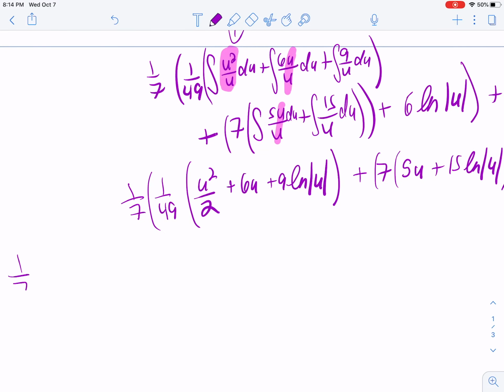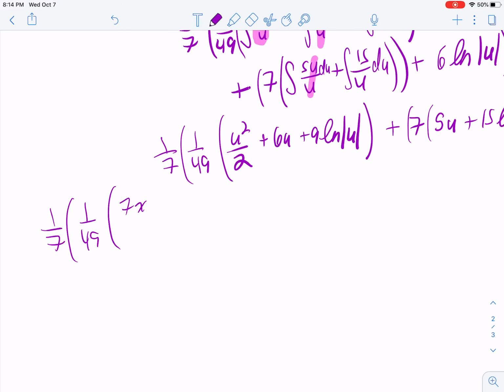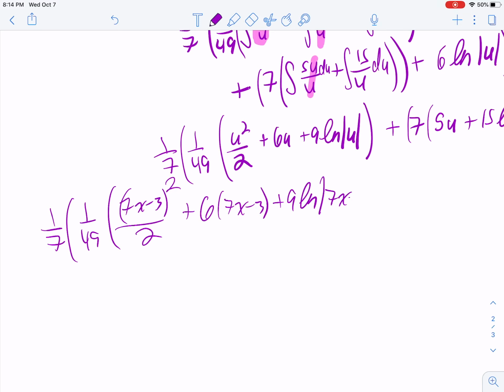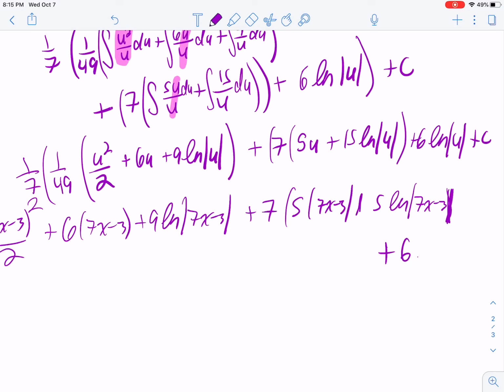So we get 1 over 7 times 1 over 49 times, I already forgot it, (7x minus 3) squared over 2 plus 6 times (7x minus 3) plus 9 ln of (7x minus 3), plus 7 times 5 times (7x minus 3) plus 15 ln of (7x minus 3), ran out of room, plus 6 ln of (7x minus 3) plus c.